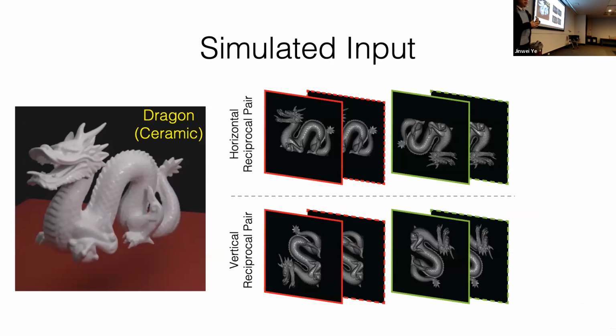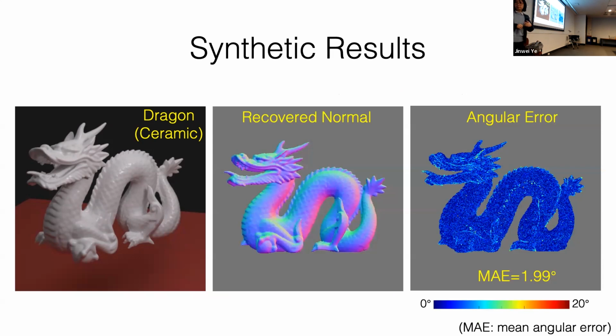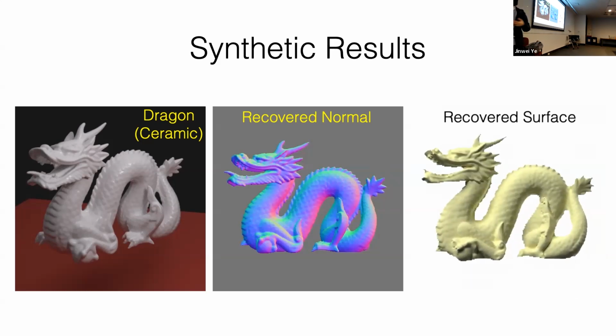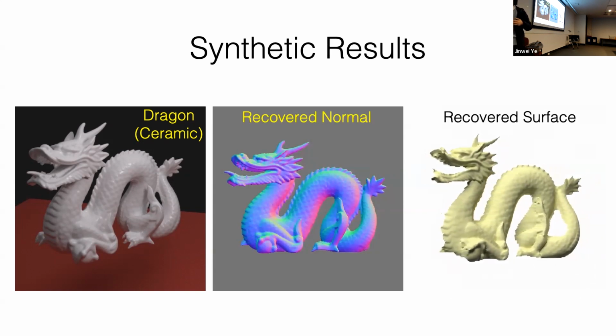We simulate the same thing as what is captured by the polarization camera, which is the 4 intensity images captured under the 4 polarization directions. Then we evaluate the surface normal reconstruction, because we have the ground truth model, so we can compare and get an angular error. Then we do surface integration to come up with the recovered surface mesh.